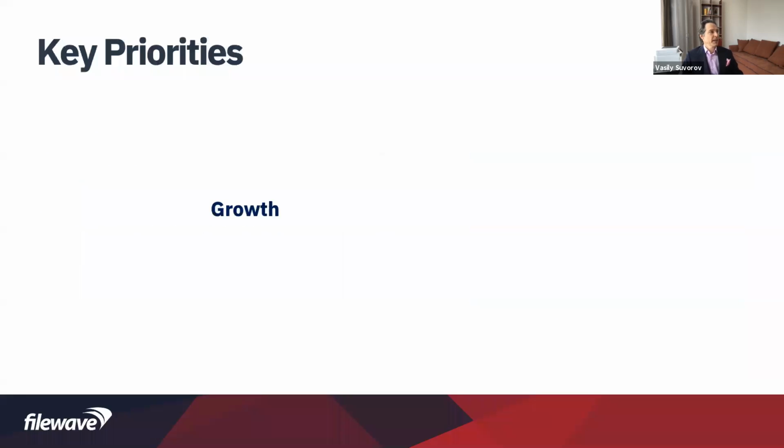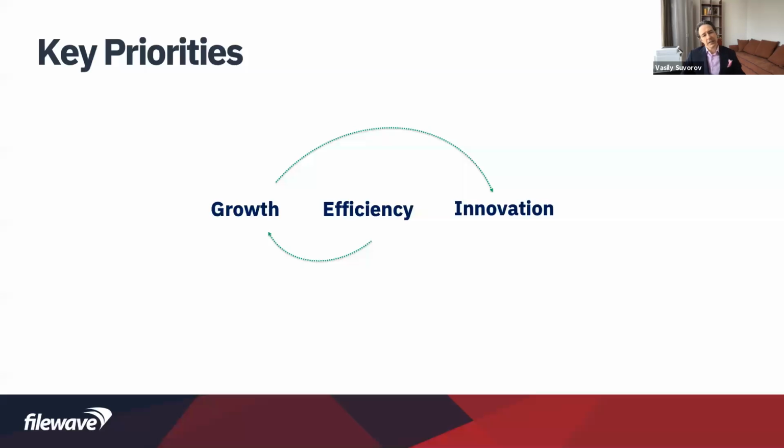Next slide, please. So when I came to the company and started to look at what needs to happen and how we can support the growth, the focus on the growing technical team that we have is around three areas that you see on the screen. Efficiency, growth, and innovation. And these things work together, right? If we're not efficient, if we cannot meet your goals, we cannot grow, right?